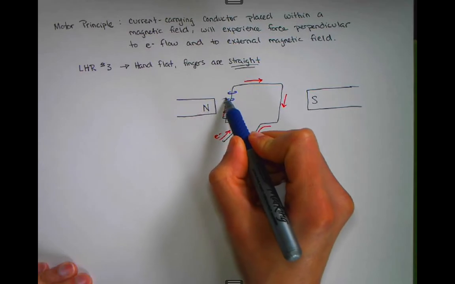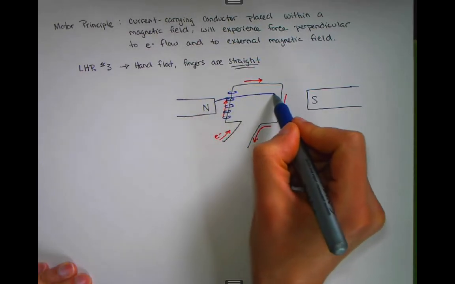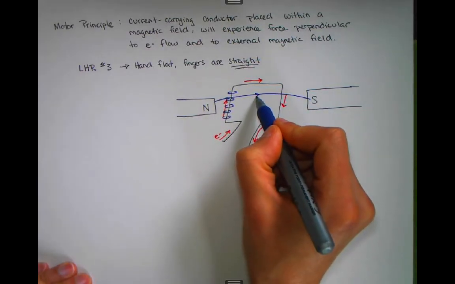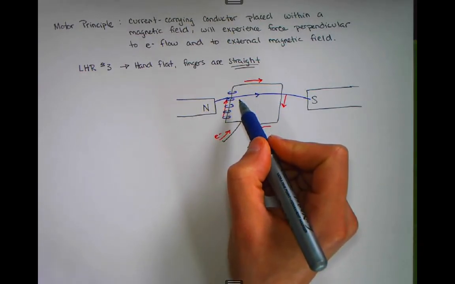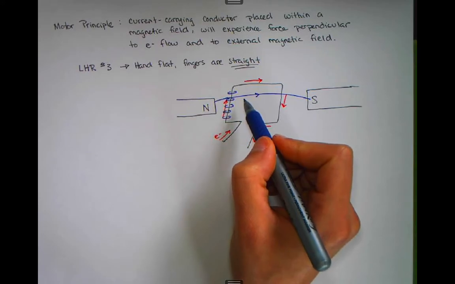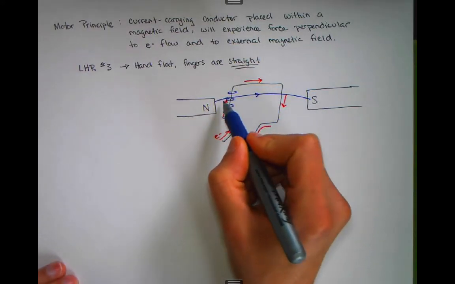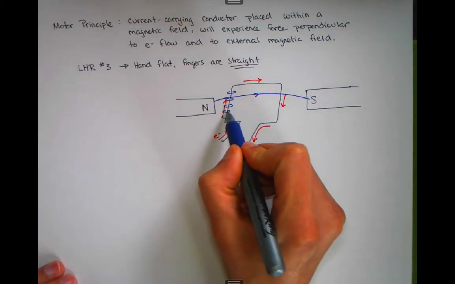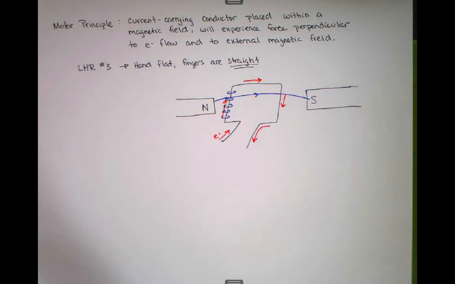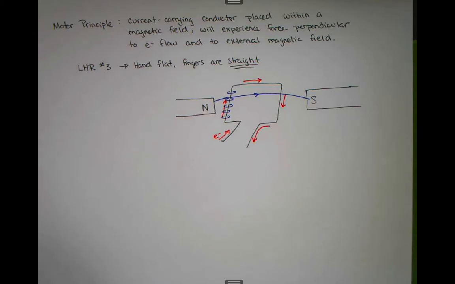This field goes from the north pole of the magnet to the south pole, so it goes in this direction. So you see my magnetic field in this diagram is represented by these red or blue lines. So I have this magnetic field from the bar magnets, but I also have the magnetic field around the wire itself. And using left-hand rule number 3, we can see how those fields are going to interact.